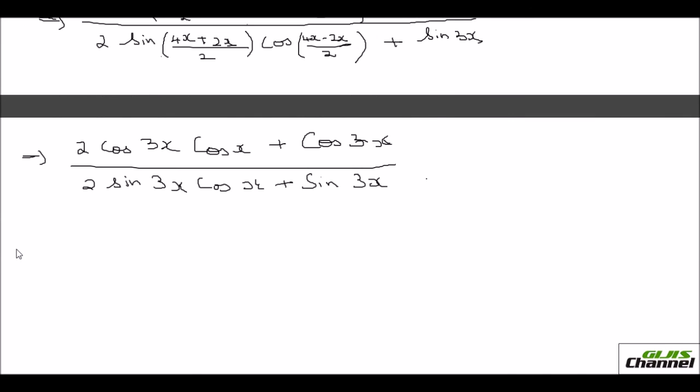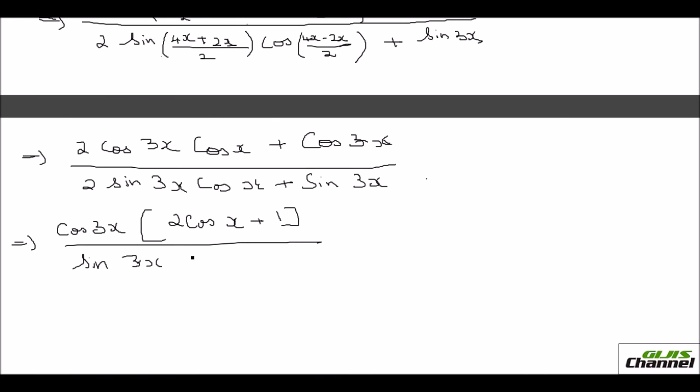Now I'm going to take the common term out from the numerator. So I take the cos 3x out. So I will be left with 2 cos x plus 1, right? Yeah, this is done. Divided by, sine 3x is common here. So you will be left with 2 cos x plus 1 again.